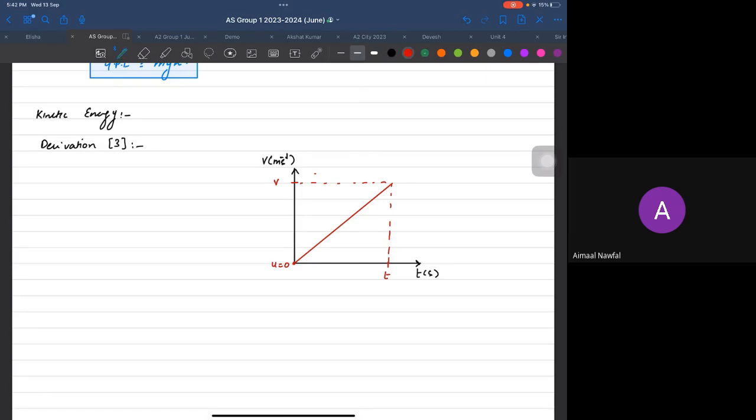So when you make this graph, then first you're going to say that work done is force times displacement. Also, we know that force is equal to ma, right? I hope everybody knows this. Which means if I plug it in right here, work done will be ma times s, like that.